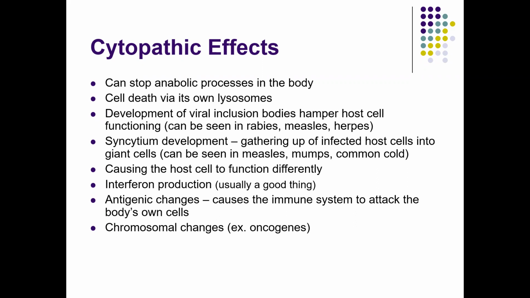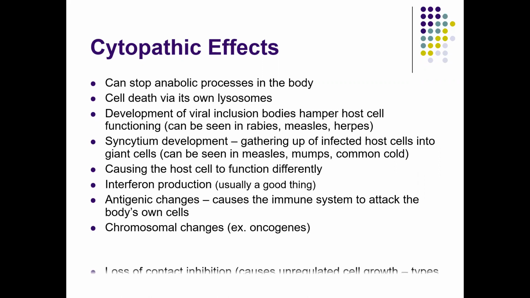That is a huge area of research right now, is we know for sure that there are some viruses that can actually cause cancer. Oftentimes, it's related to changes in the DNA, changes in the chromosomes, changes in the antigens.